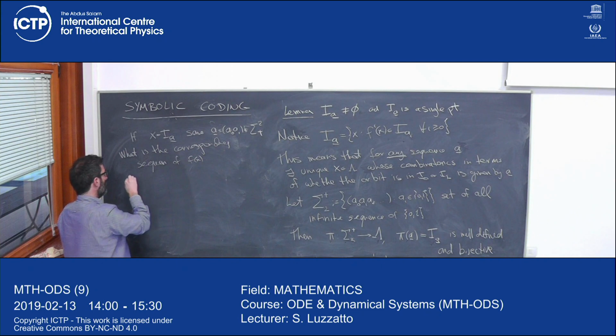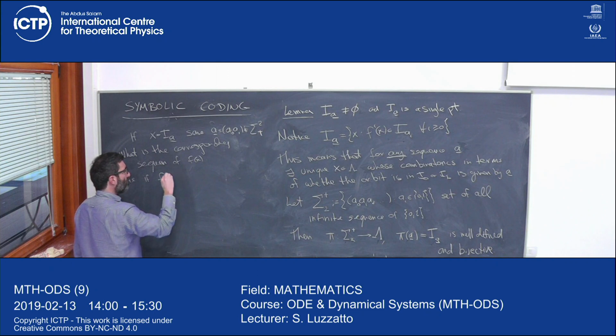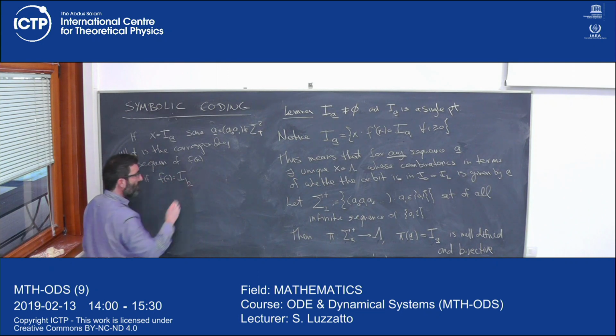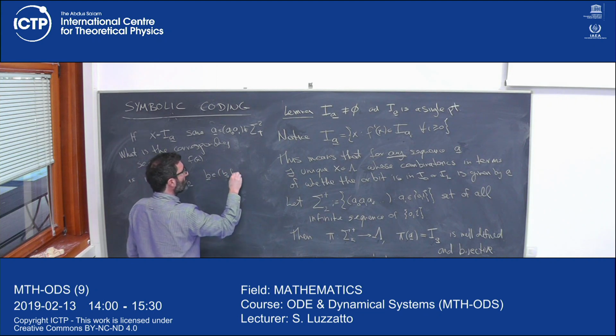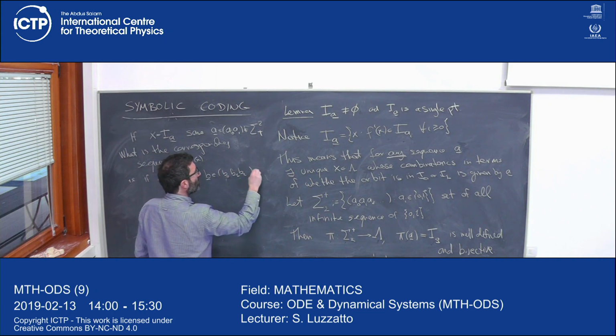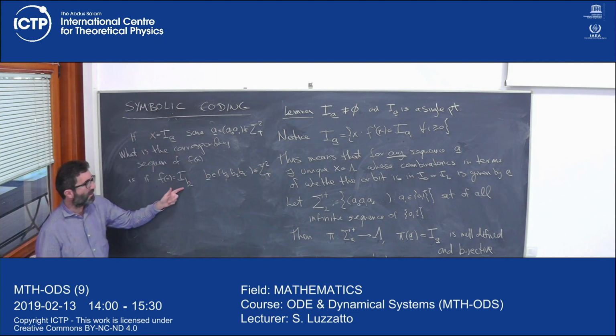I.e., if f of x is equal to b bar for another sequence in sigma 2 plus, because both of these points are in lambda, so both of them have a corresponding sequence. What is the relation between the sequences A and B? Is there a relation between the sequences A and B?